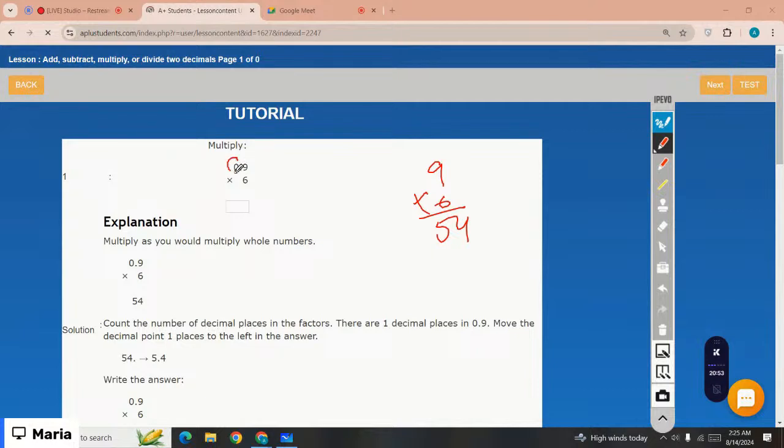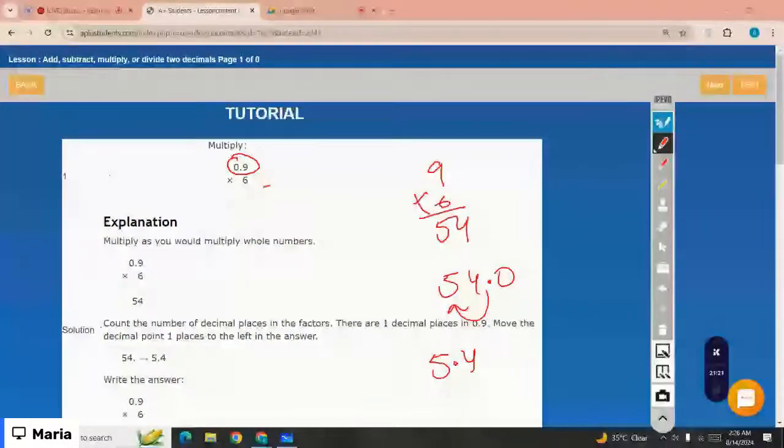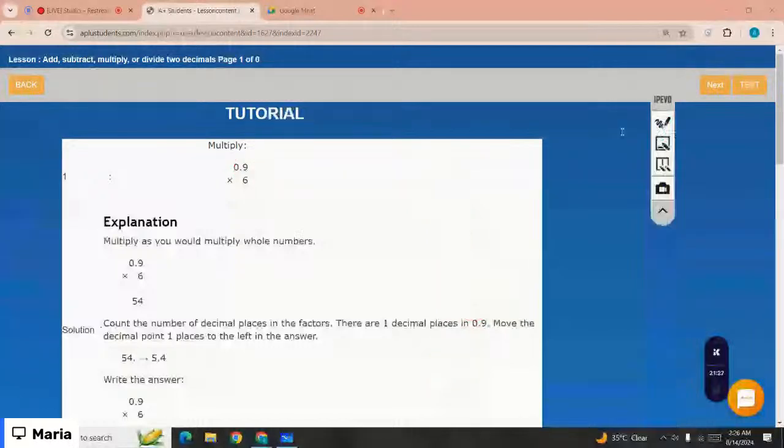You have only one decimal point, right? So you need to count the number of decimal places in the factors. You have only one decimal place, that is in 0.9. So you need to move the decimal point one place left. Usually the decimal point is over here. So you have one decimal place, you need to get 5.4. Got it? Okay, let's just start with the test questions.